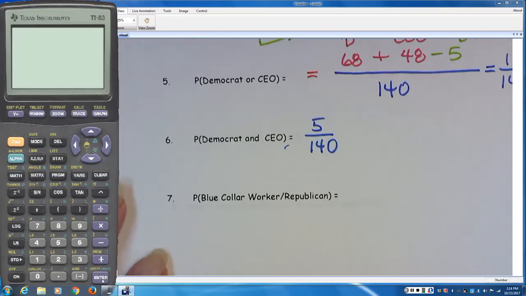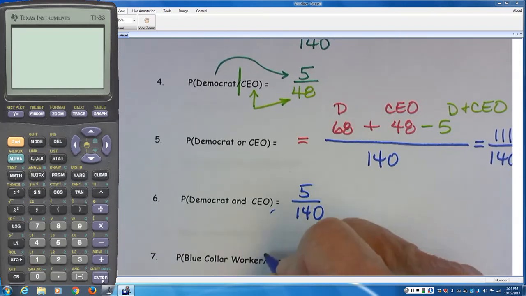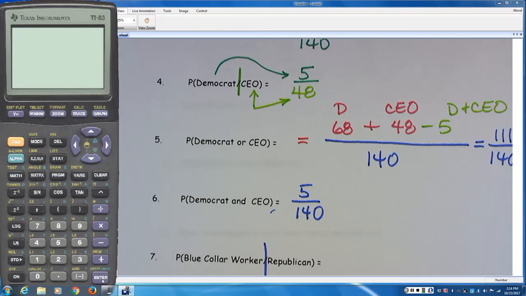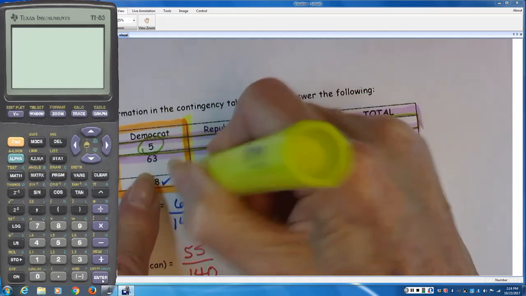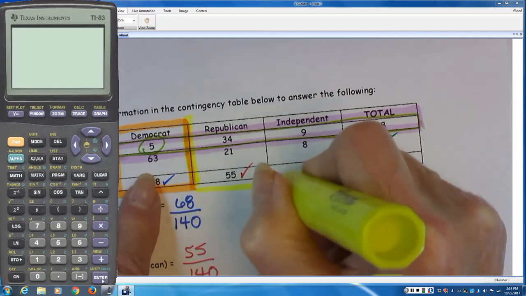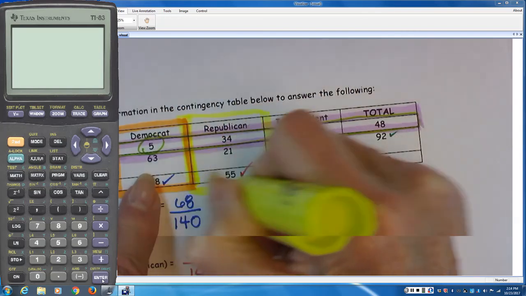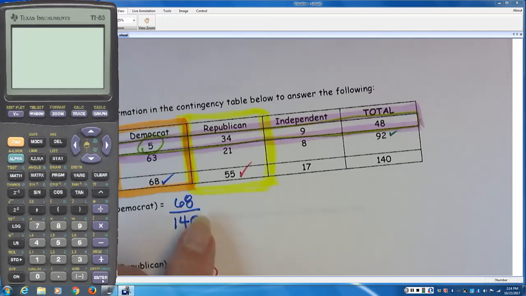And then the last question is the probability that they're blue collar, given that we're talking about Republicans. So that means we're only talking about Republicans. So conditional probability with a contingency table is a little easier because you know that you're just going to isolate the given condition.